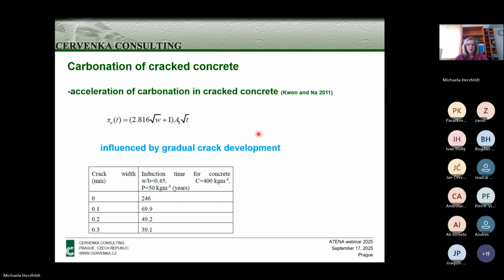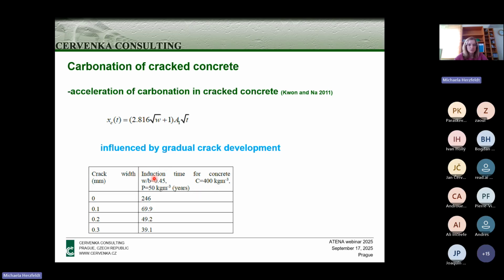So I was talking first of the carbonation of uncracked concrete, but once the structure develops some cracks, it will accelerate the penetration of carbonation. So the carbonation depth is accelerated by the crack width directly in the formula. And here in the table is an example for the same concrete structure.